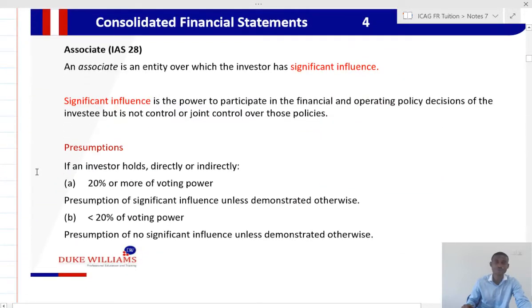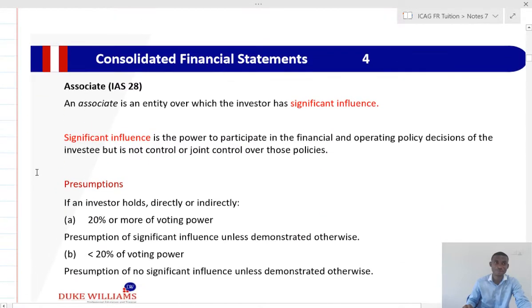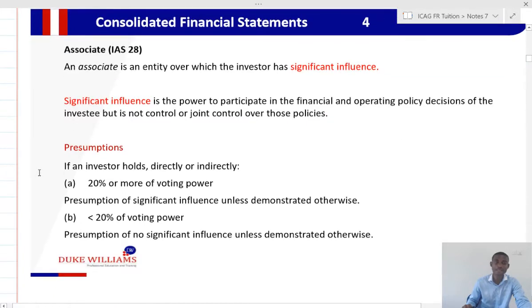How about associate relationship? Now, under the standard IAS 28, investment in associates and joint ventures, it says that an associate is an entity over which the investor has significant influence. So here there is no control, it is significant influence. Now, what does significant influence mean?